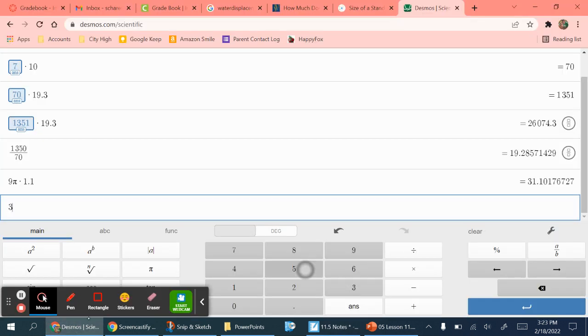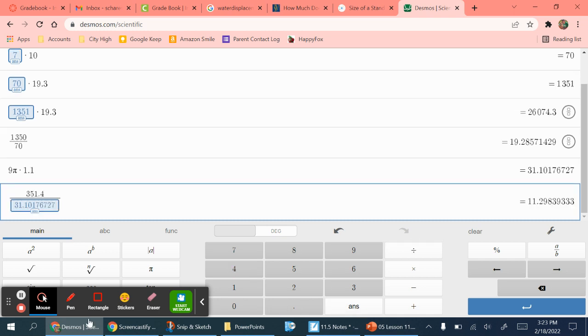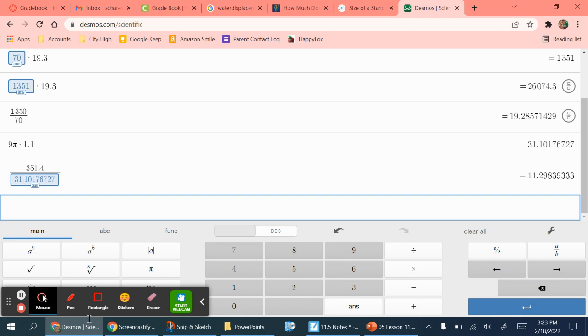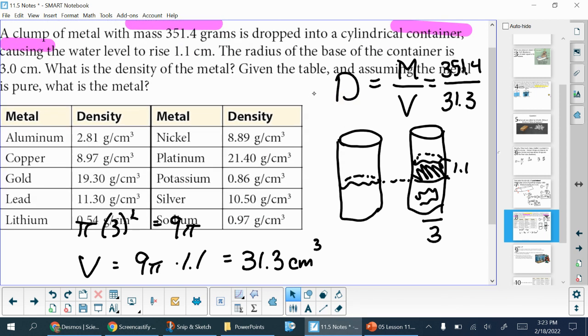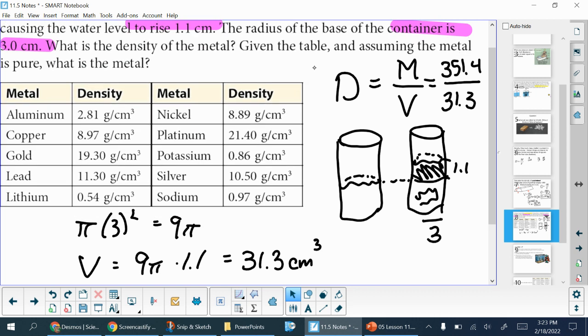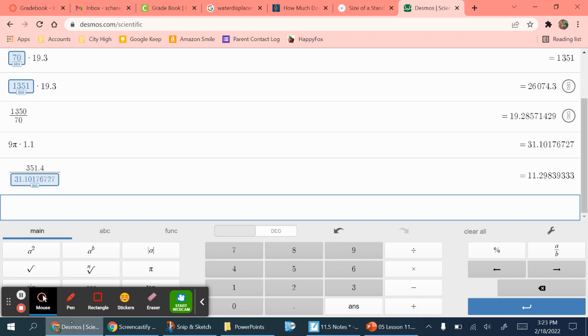So 351.4 divided by the previous answer gives me 11.298, so essentially 11.3. My density is 11.3. From there, I'm going to go way down here. Density is, I forgot what the number was already, 11.3.